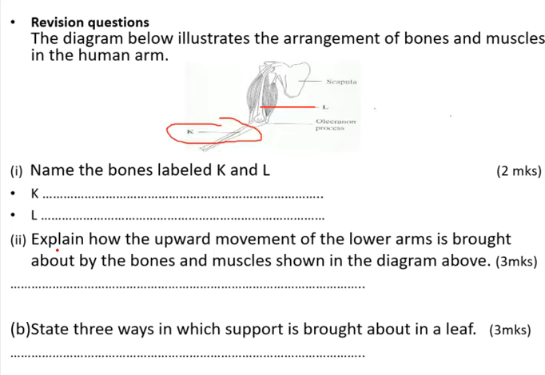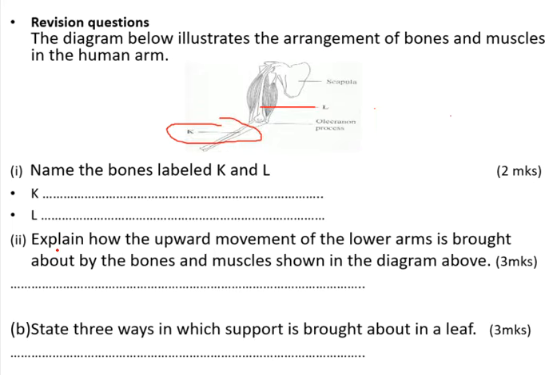Then explain how upward movement of the lower arm is brought about by the bones and muscles as shown in the diagram. We said earlier on, when the biceps muscles contract, triceps muscles relax, causing the arm to bend. Then when the triceps muscles contract while the biceps muscles relax, it causes straightening of the arm.